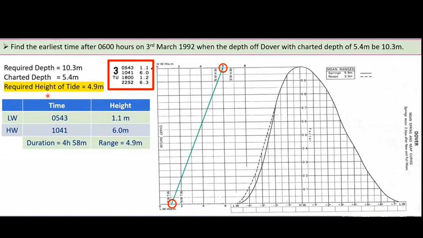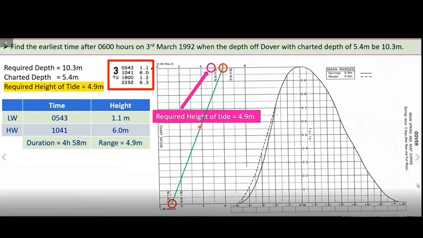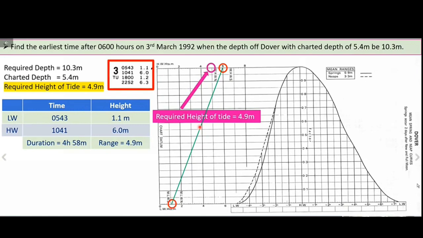Now we identify this required height on this scale of 4.9 meters. So this is the required height of 4.9 meters. This is the first step now, beta. Whatever height is required, we identify that height. So हमने ये 4.9 को अपने स्केल में आइडेंटिफाई कर लिया है. We follow the reverse order this time.